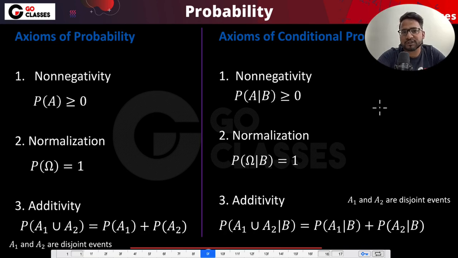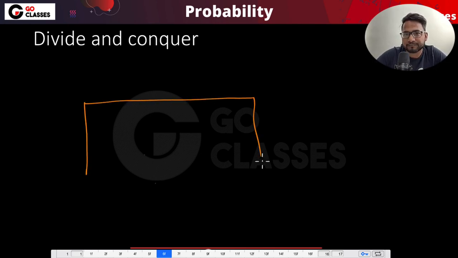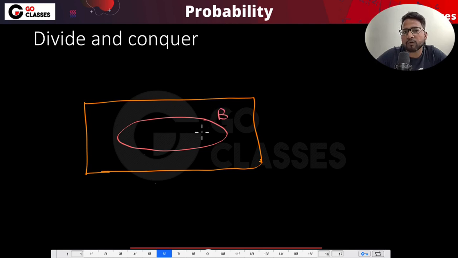But before that, let me talk about something called divide and conquer. Let's consider a case where you have a sample space, and in this sample space there is some event. You want to find the probability of that event. Let's suppose that event name is B. Suppose there is no direct way.